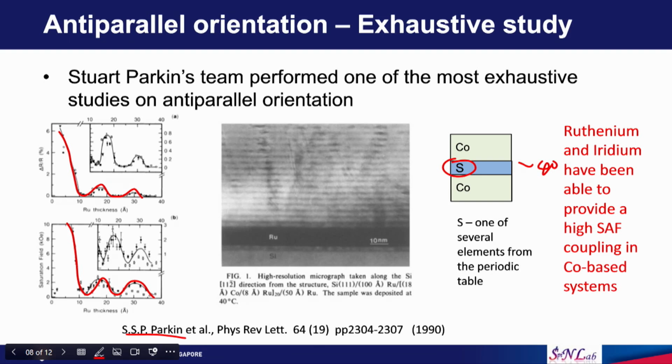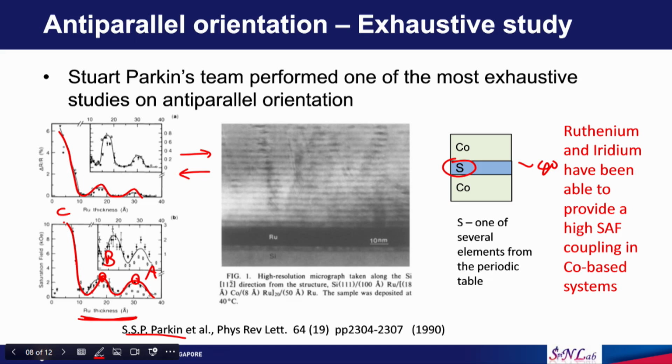Okay. So, you can notice that when the ruthenium thickness is varied, the saturation field is oscillating. What it means is that for some thicknesses, for example, let us say these A, B and C, you will have antiparallel alignment of magnetic moments between the two cobalt layers.